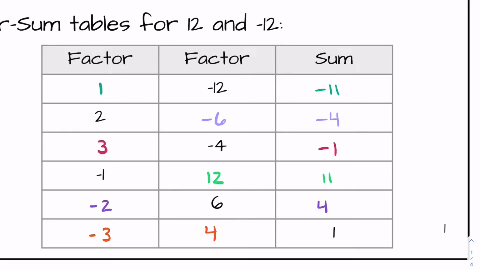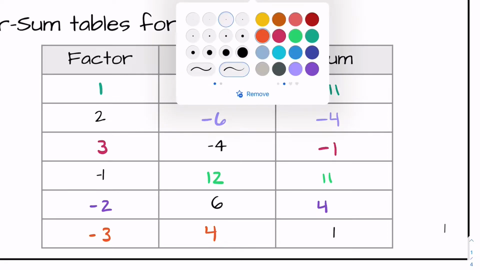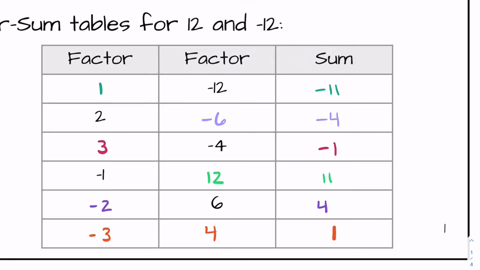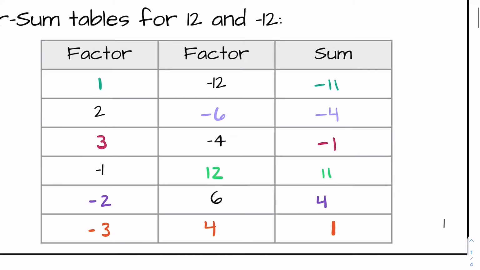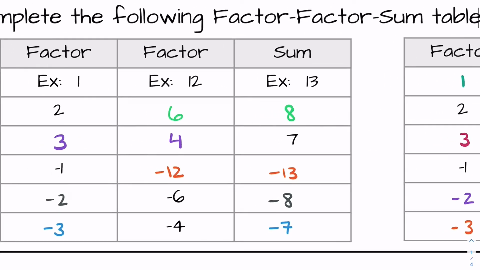And then 4 minus 3 is our 1, which I left here as well. So what you notice is that you have the negative 11, negative 4, negative 1 as sums, or 11, 4, and 1 as sums, versus 13, 8, and 7, and negative 13, negative 8, negative 7.